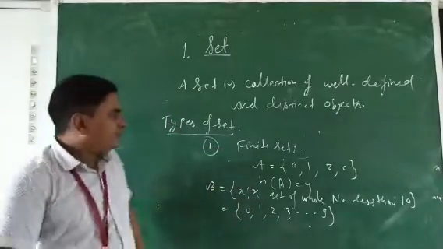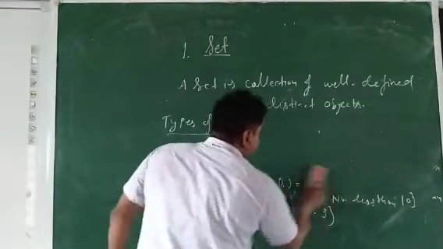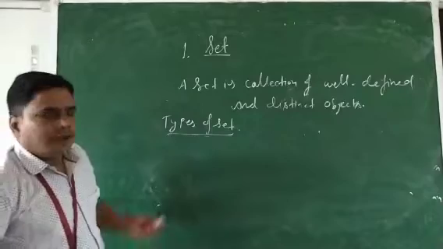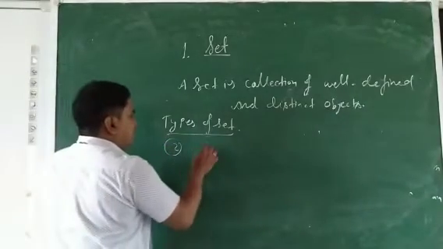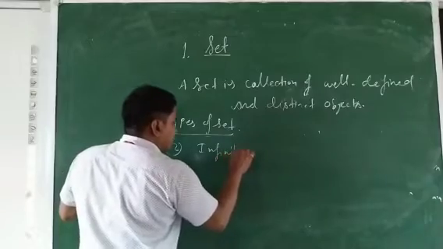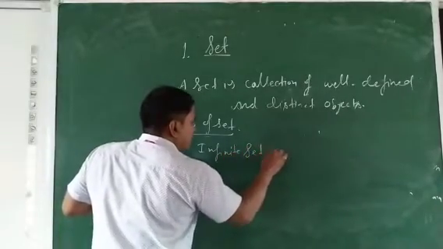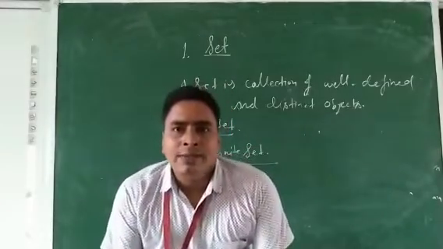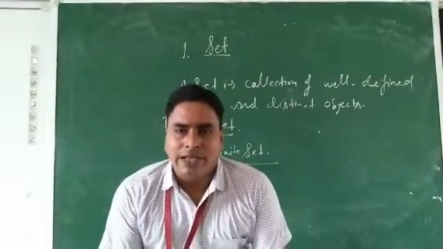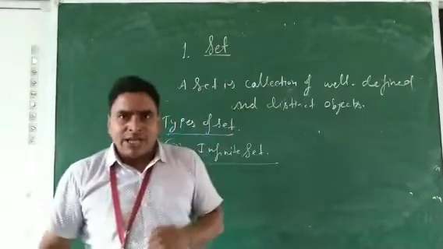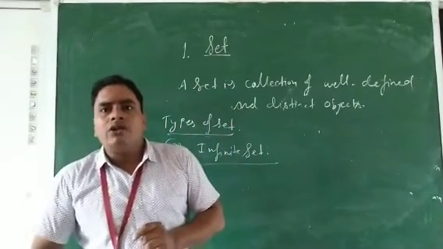Okay. Next one, infinite set. From the word it is clear that infinite means unlimited elements. A set which consists of an infinite number of elements, which are not countable, an uncountable set which we cannot count.